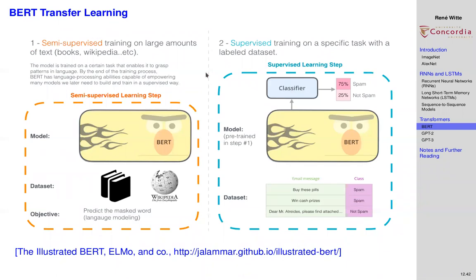So the idea of pre-training or transfer learning is that you have a model that you first build in a semi-supervised step. The typical example of BERT is it's trained on all of Wikipedia. So you have a huge amount of knowledge in English, for example, but also in other languages. And then you pre-train a model similar to what we did with word embeddings.